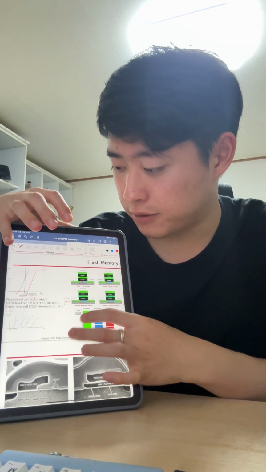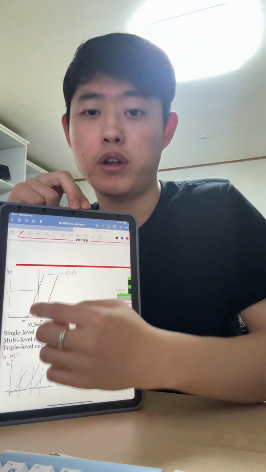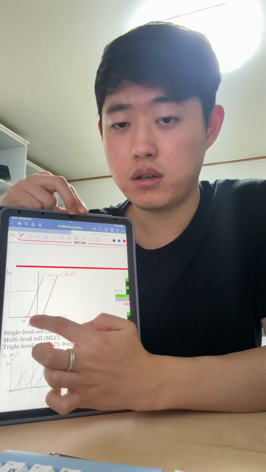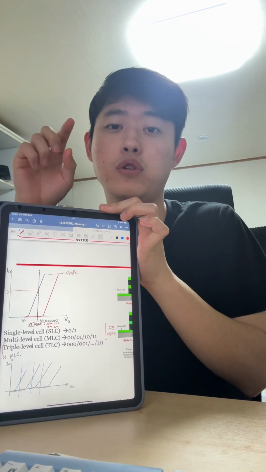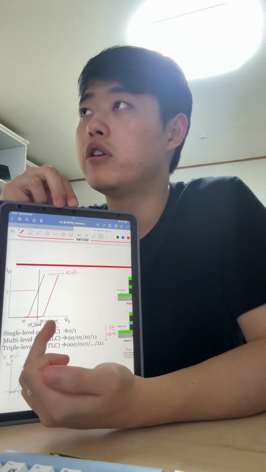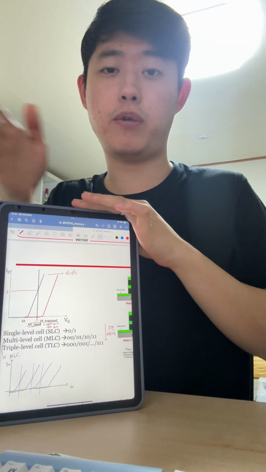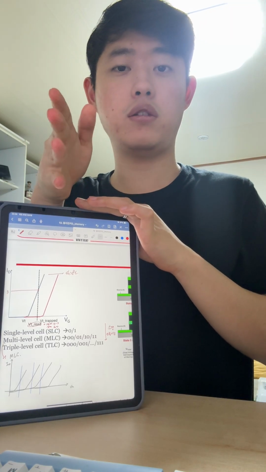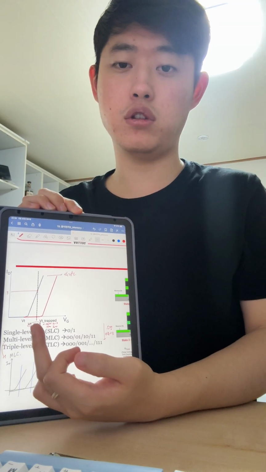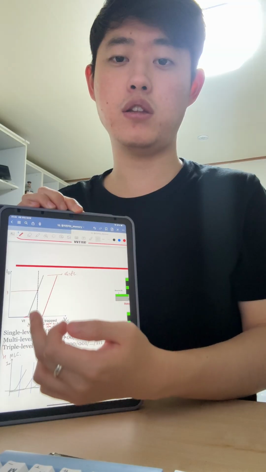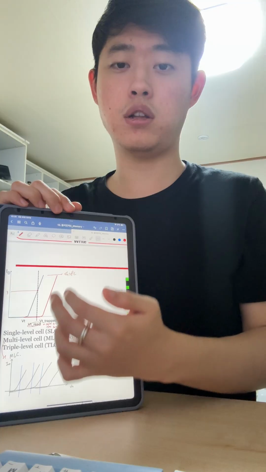So this is the operation. When data is written in the floating gate, the threshold voltage VT is changed, so we can distinguish whether data exists. When there is no data in the floating gate, VT is here, and when there is data in the floating gate, it is here like this.